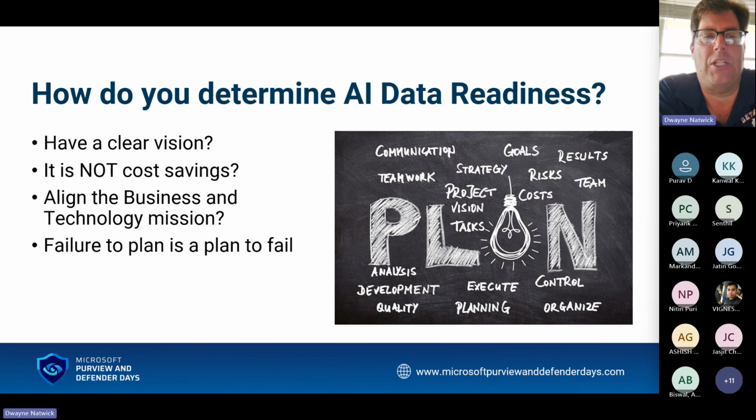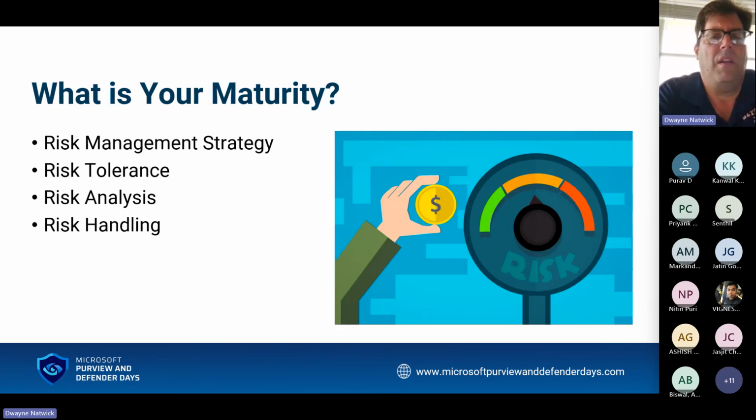So planning and understanding, having a clear vision, making sure that you're aligning the business and the technology vision. I don't like to use cliches, but failure to plan is a plan to fail is a common one. If you aren't planning properly, if you aren't looking at your data accordingly, you are going to have a problem ultimately. And what goes along with that is your risk strategy.